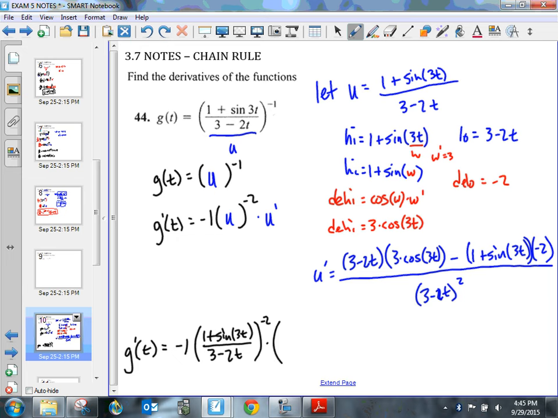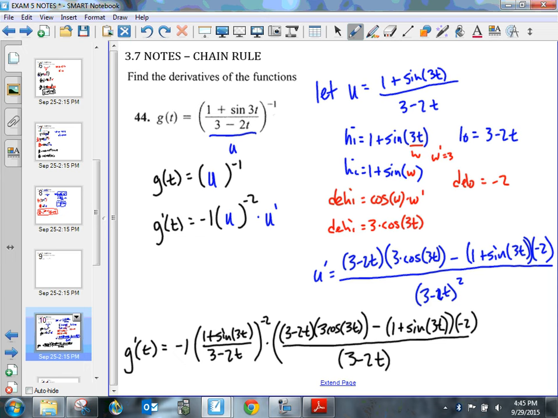So u prime is this whole thing: 3 minus 2t times 3 cosine of 3t, minus the quantity 1 plus sine of 3t, that whole thing times negative 2, and this is all over 3 minus 2t, that whole quantity squared. So this is your derivative.